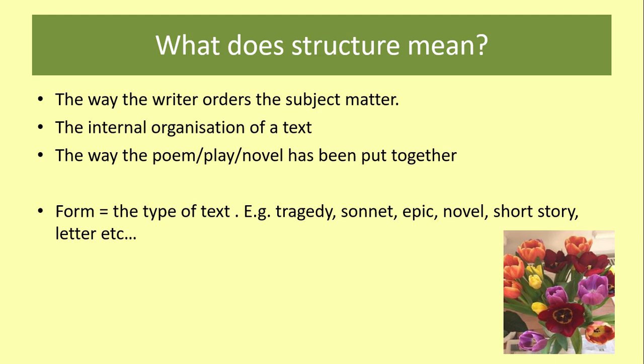Okay, so your sonnet is the form, and then you can explore the structure within that form. A novel or a short story or unseen prose that we're actually looking at does a similar sort of job.